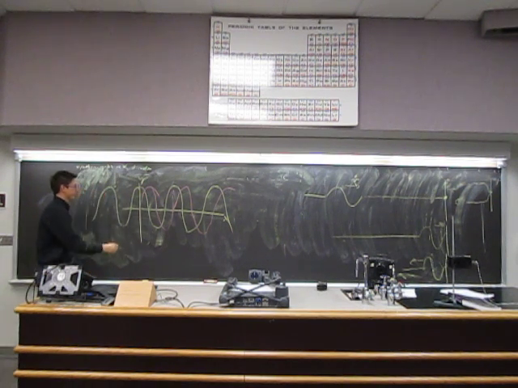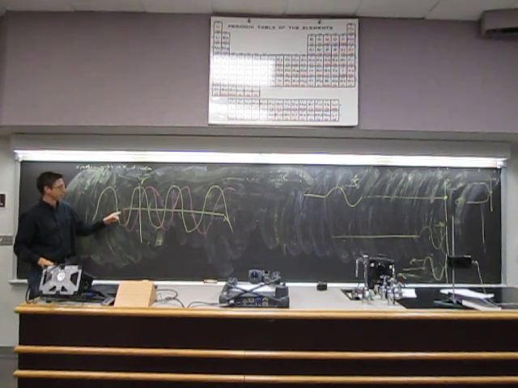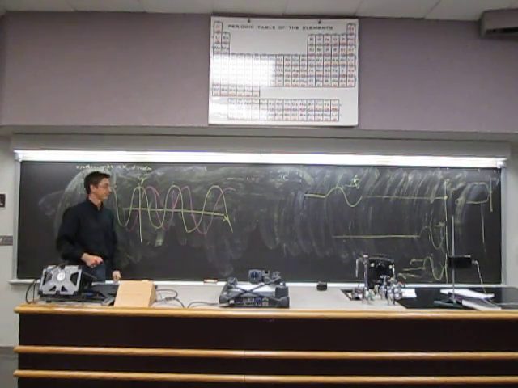Okay. And what I'm trying to do is draw it so that where the peak of one of the waves is, is the zero of the other wave. Okay?